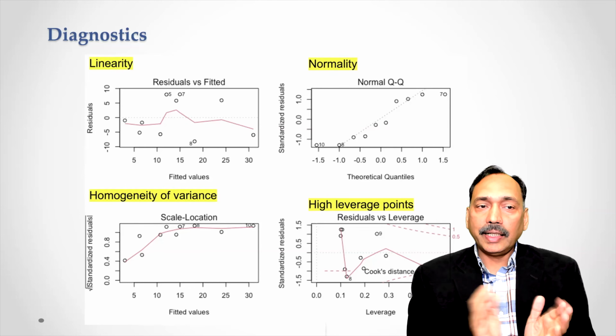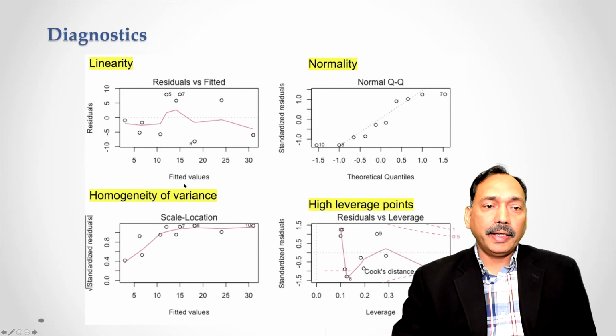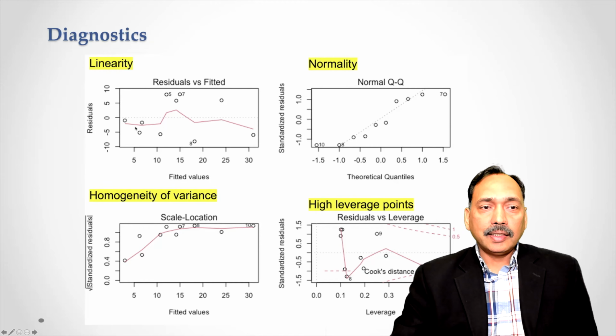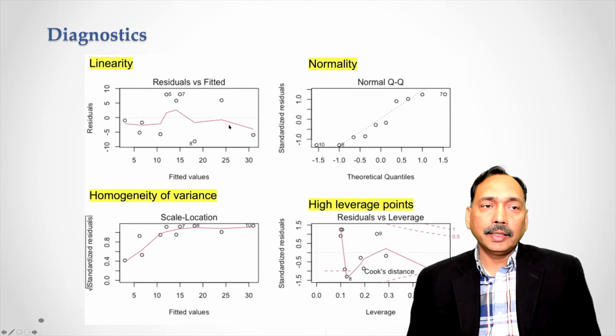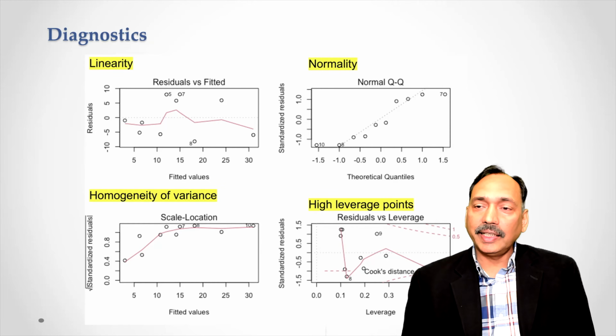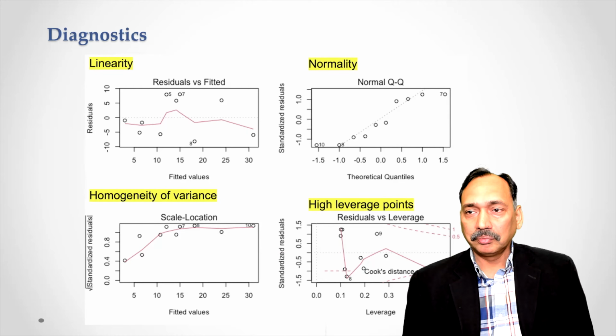So when you take that difference and plot it with the fitted values, you will see in this picture there is a dotted line, very faint dotted line in the middle, and this red line should be close to that dotted line. If the line that you get here is closer to it, that means the assumption of linearity is being met.